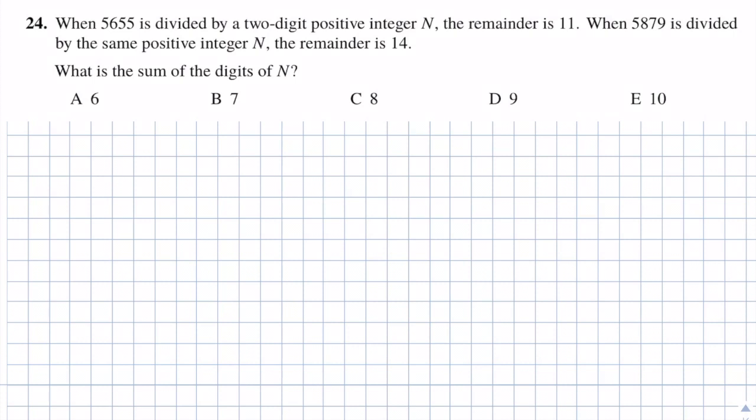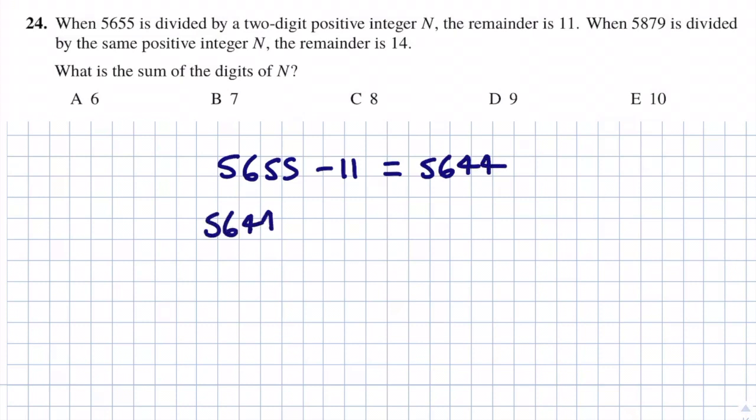The first thing we can do is work out what n might be. Now, we know that when 5,655 is divided by n, we get a remainder of 11. So what that means is if we do 5,655 minus 11, which is 5,644, 5,644 must be a multiple of n.